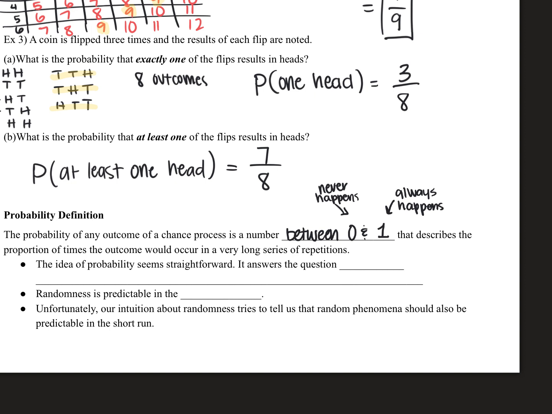Okay? The idea of probability seems straightforward. It answers the question, what would happen if I did this many times?